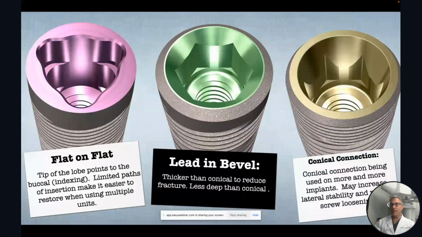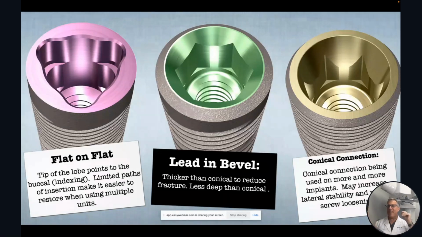Popular in the Nobel Active, the Inter-Active implant, Straumann bone level implant, Astra, all these different implants use a conical connection. So what a conical connection is, is just a really deep internal connection with very minimal taper. So what that provides is a longer distance, a longer ferrule to resist lateral forces. So when the patient's chewing side to side, that implant has walls that bolster the sides of it.